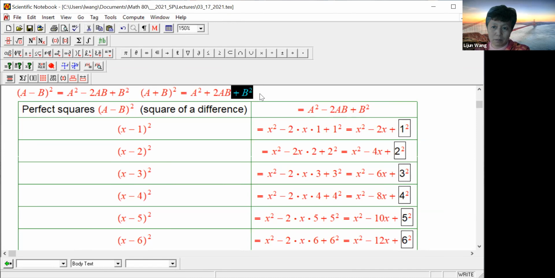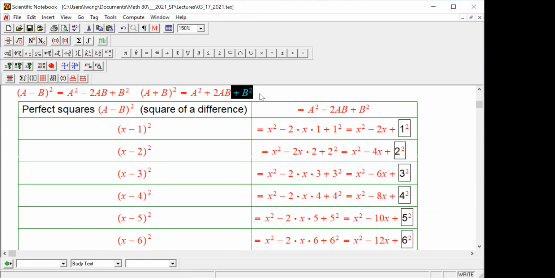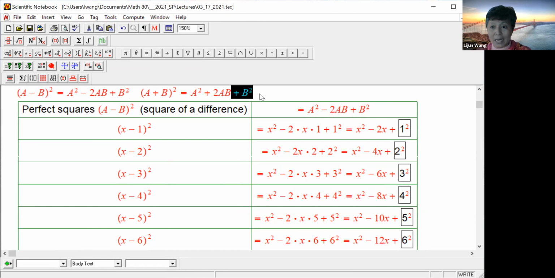Okay, so these are little details, right in front of our eyes, but do we see it? Sometimes we do, sometimes we don't.